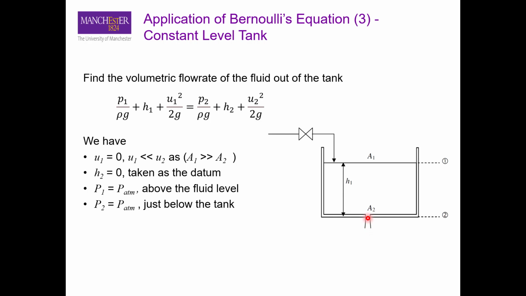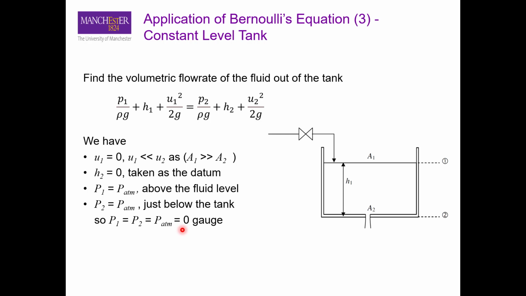Okay, and at this exit point, the pressure the fluid will feel is just the atmospheric pressure as well. Okay, because now this part is open to atmosphere as well. And as such, we can write that P1 is equal to P2 and is equal to ATM.